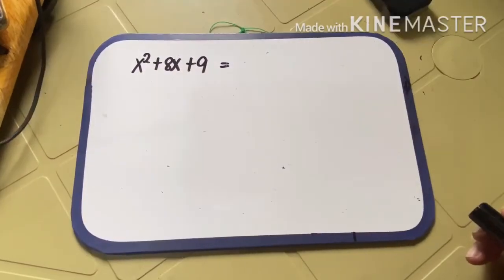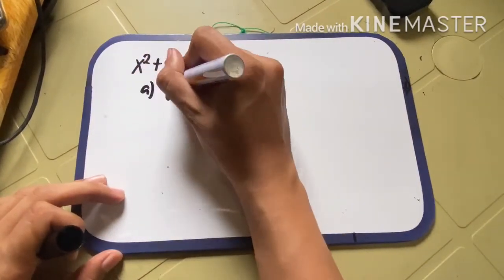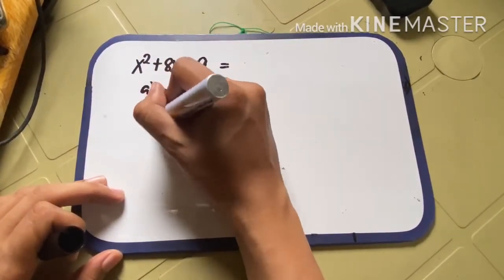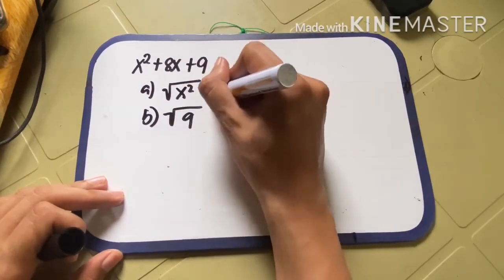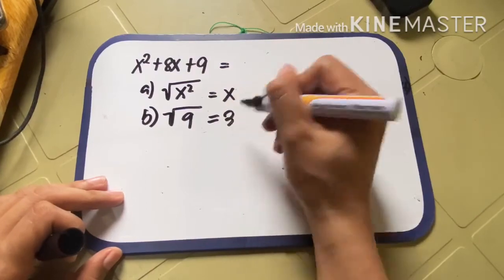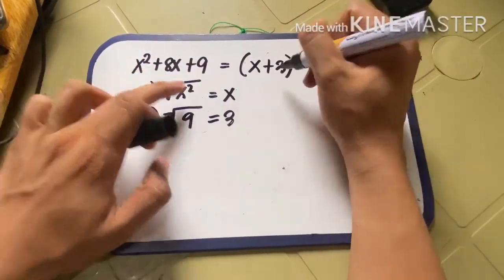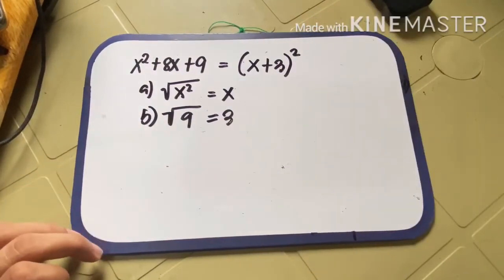For the third example, we have x squared plus 8x plus 9. The square root of x squared is x, and the square root of 9 is 3. You can write x plus 3, raised to 2.